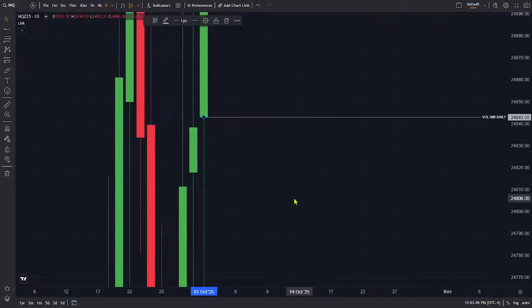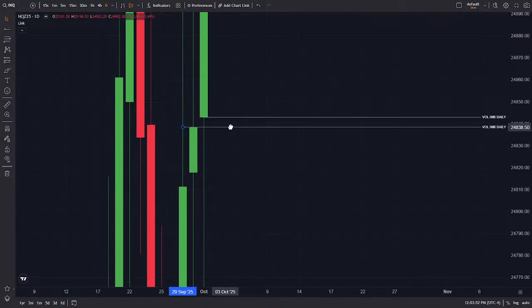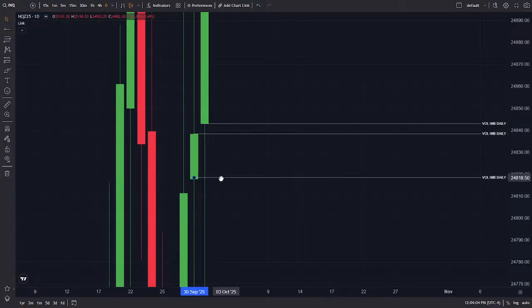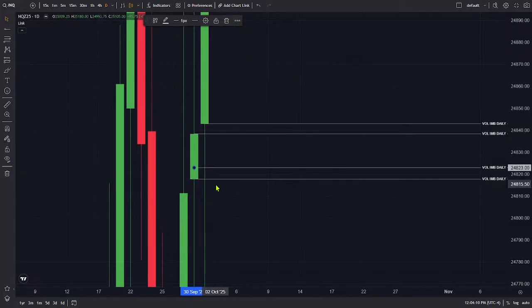It's abbreviated, that's okay. And then I just clone it and put it in these positions. There's one there, and one more.